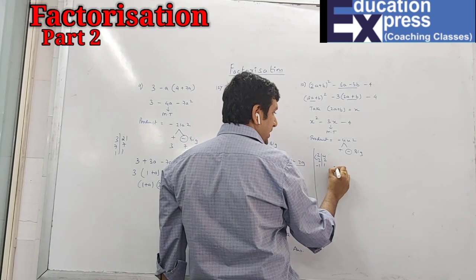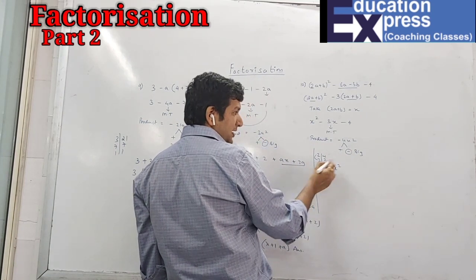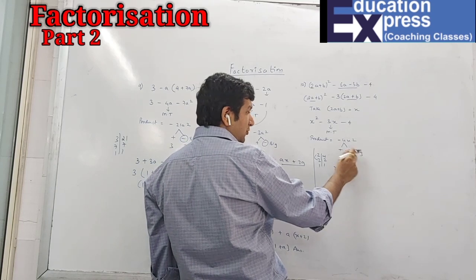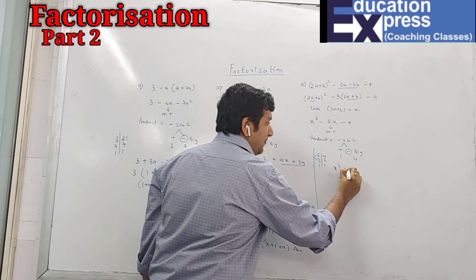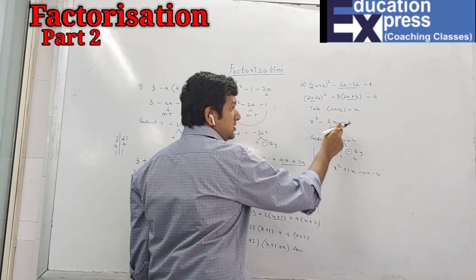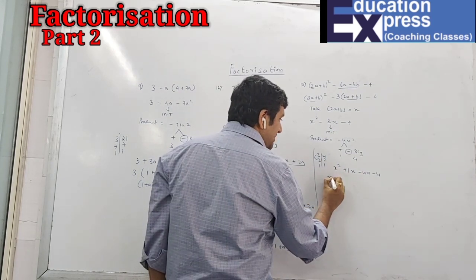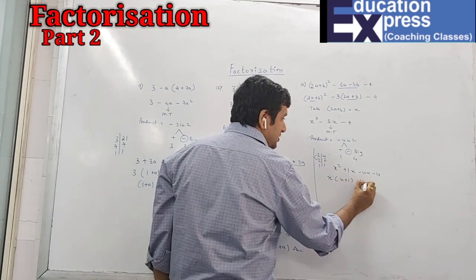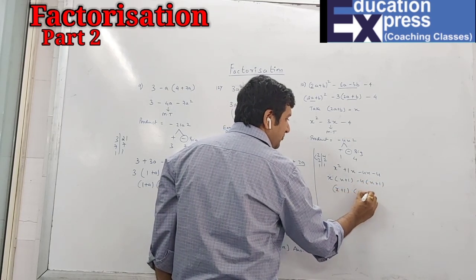So here x squared, obviously everyone can see the bigger number will be 4, with the minus sign, and this is 1. So x squared plus 1x minus 4x minus 4, because I have told you I'll place 4 next to 4. x common, x plus 1, minus 4, x plus 1. So x plus 1, x minus 4.